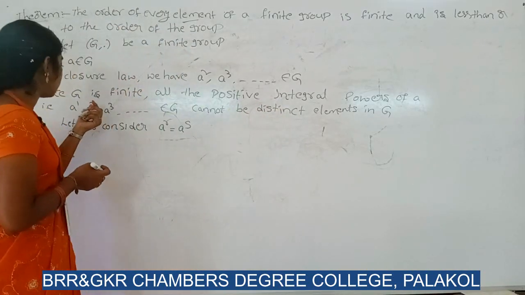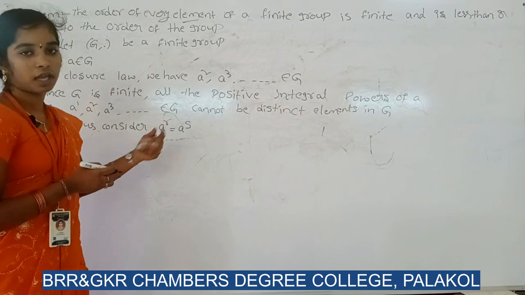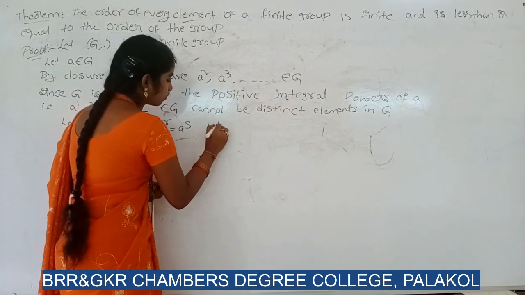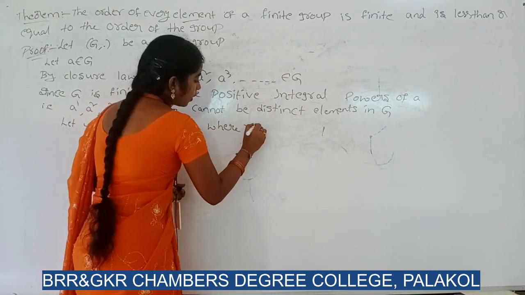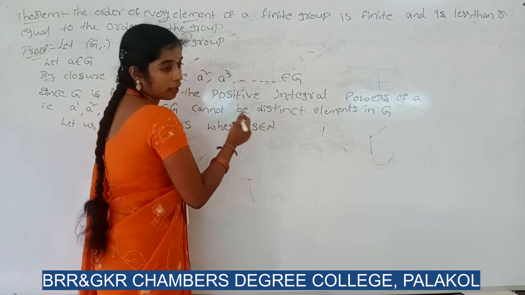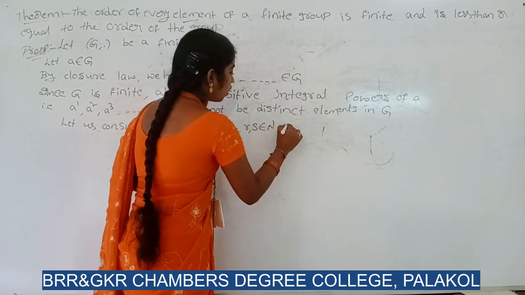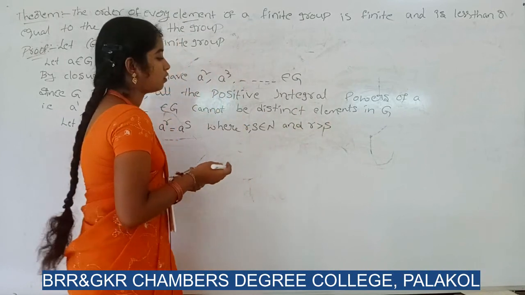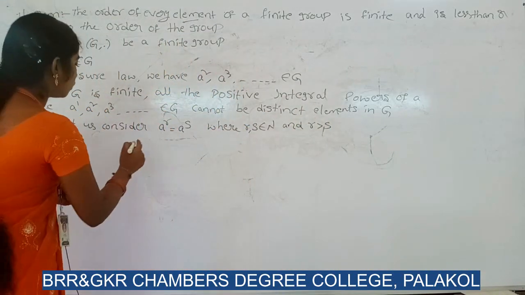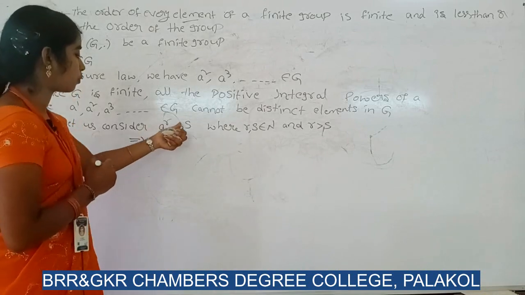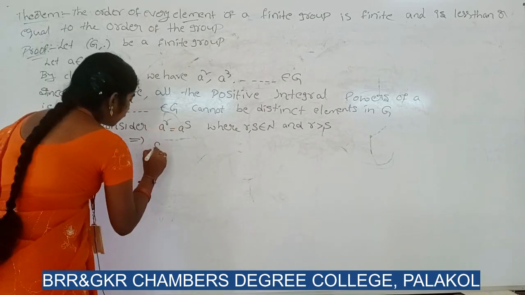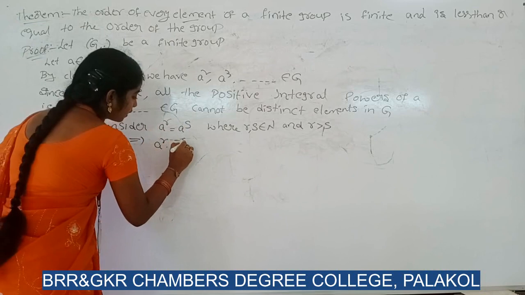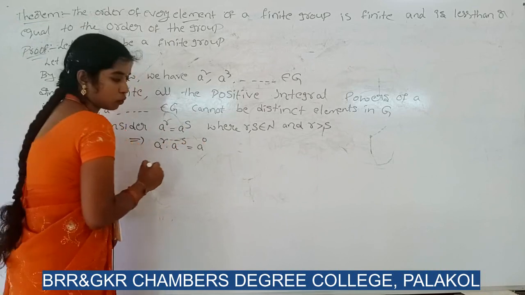So a power r equal to a power s, where r, s belong to N, N is the natural numbers, and r greater than s. It can be written as a power r into a power minus s equal to a power 0.